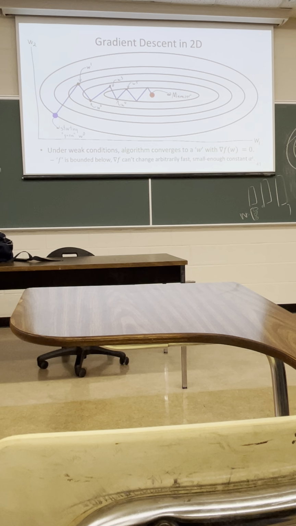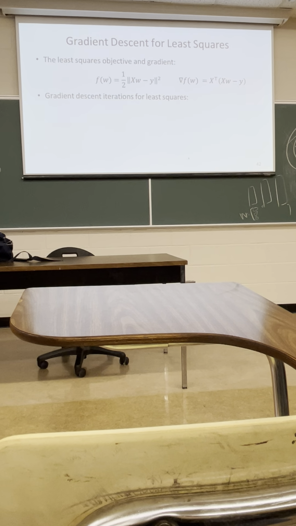Any questions so far? So we have gradient descent in both 1 dimension and 2 dimensions. And here, if we get back to the least square example, in the first line the left-hand side will be the definition of the objective function, and the right-hand side will be the function for its derivative. Any question in terms of how we can calculate the derivative in the form of matrix multiplication? Okay.